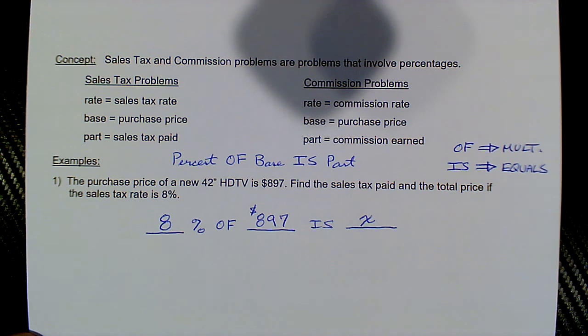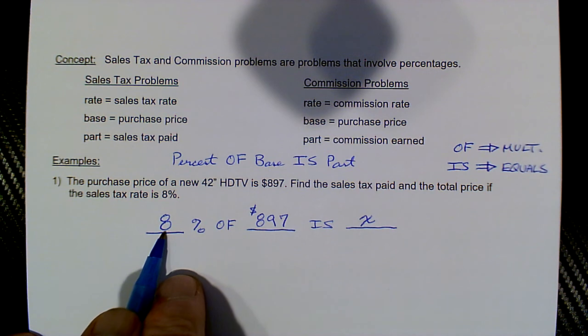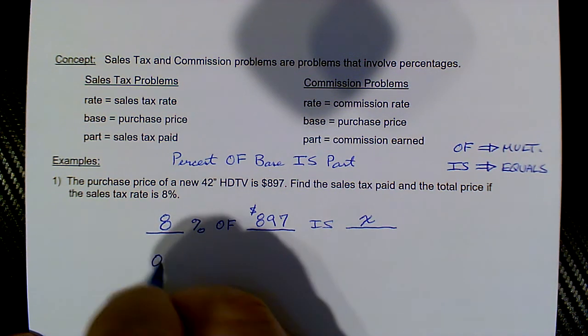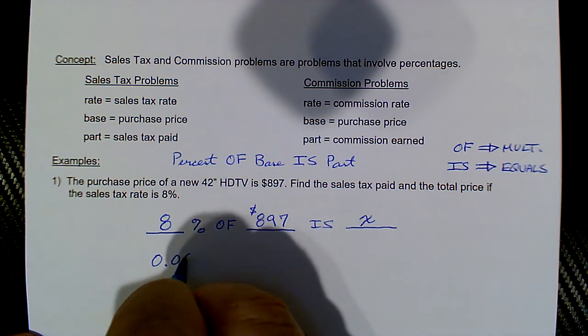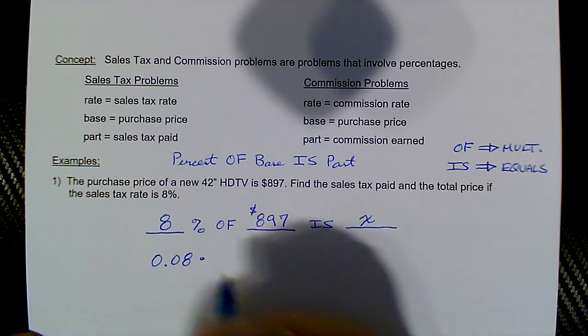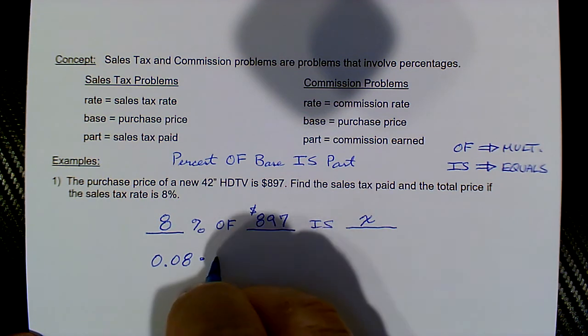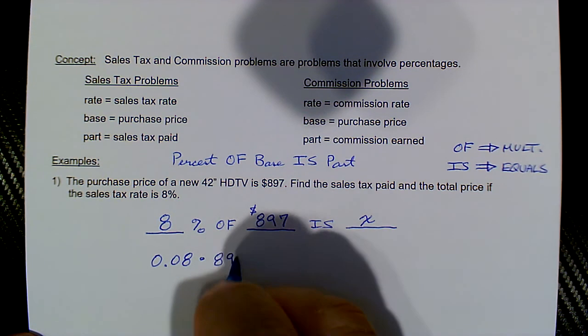Translating that into a mathematical equation, recall that we changed the percent to a decimal 2 places to the left, so 0.08. Of means multiplied by, and then 897. I'll drop the dollar symbol.